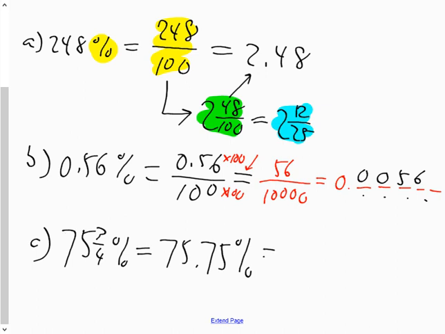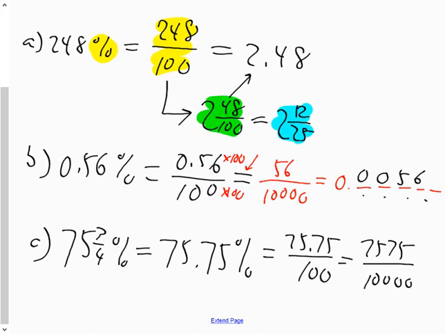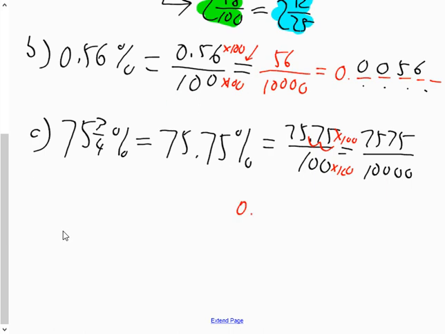And once we have that, it's 75.75 out of 100 because we're not dealing with percents, which is 7,575 out of 10,000. Right? We're multiplying it by 100 because we want to move the decimal 2 places. 7,575 10,000ths is 7,575 tenths, hundredths, thousandths, 10,000ths, 10,000.